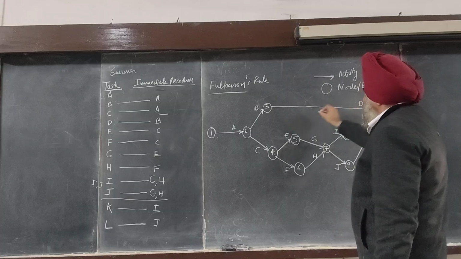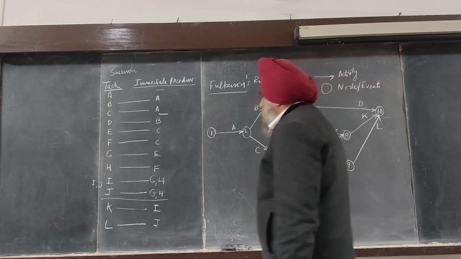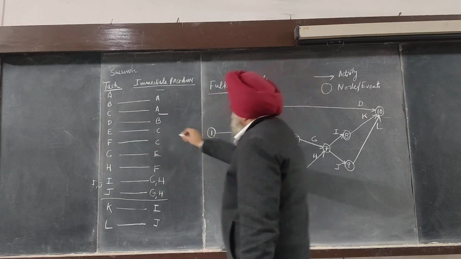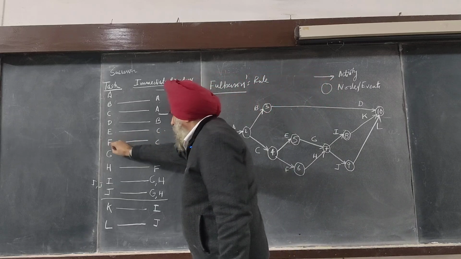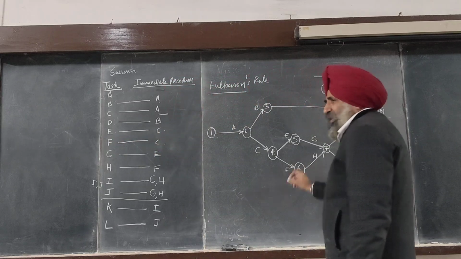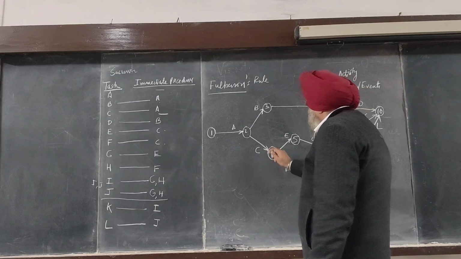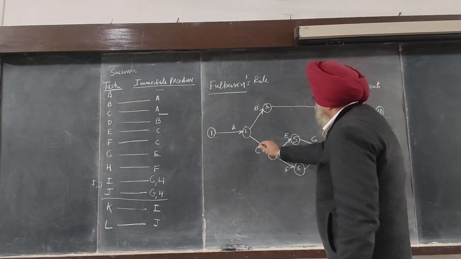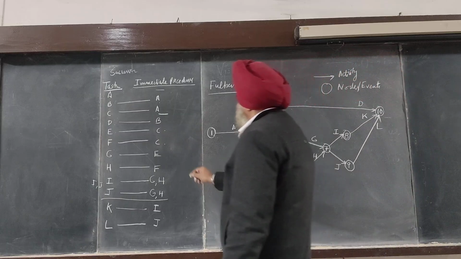Because this is merging at the end, we have extended it till the last, and this D. Similarly, from C, the activity E is taking place. Similarly, the predecessor for F is C. So there are two activities taking place at node point 4, and the predecessor activity is C. There is a lot of difference between the activity and the node or the event. So we have reached here.